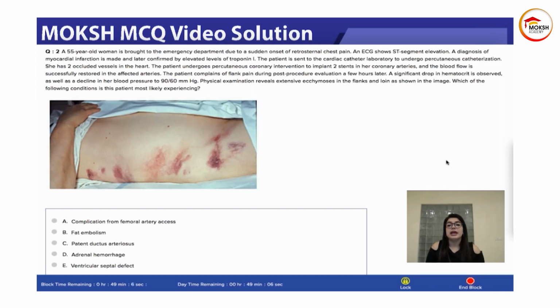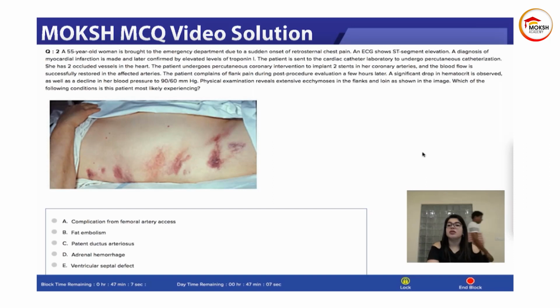Then second, and the most commonly encountered complication, is AV fistula. What happens is when you're puncturing your femoral artery, it can form an aberrant connection with your femoral vein. And what would be the presentation of an AV fistula? This bruit is going to be what? Systolic or diastolic or both?